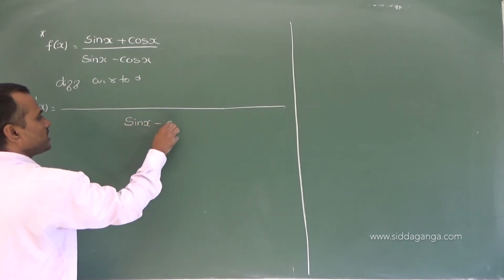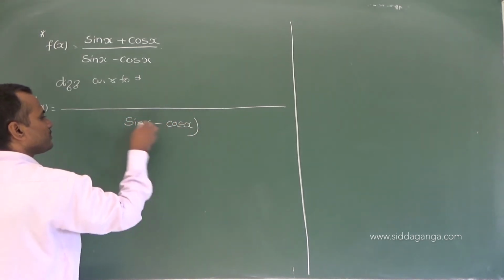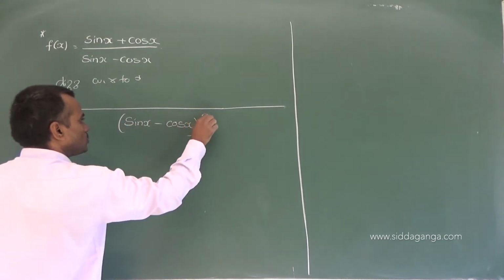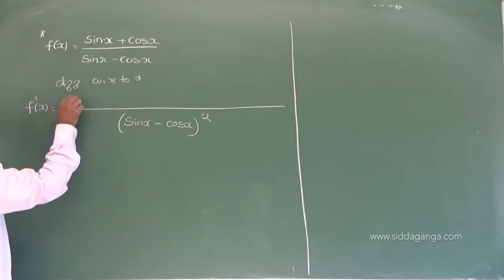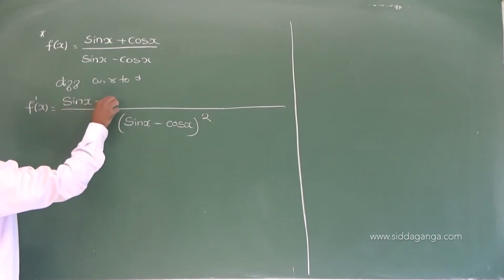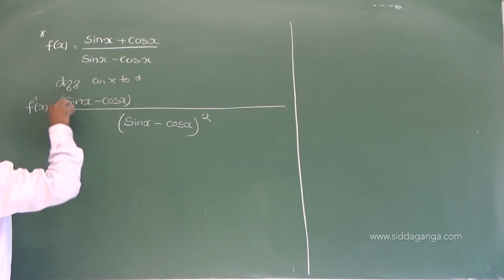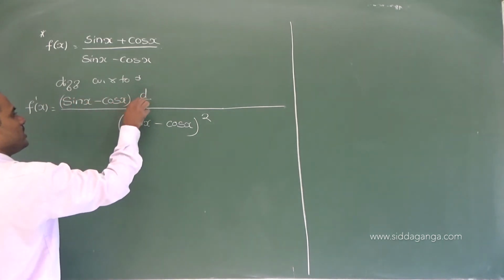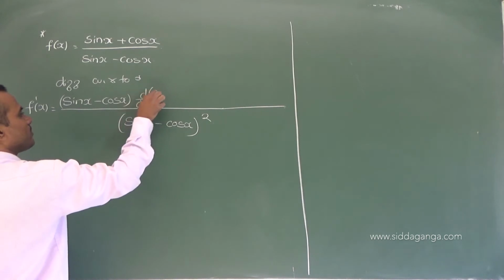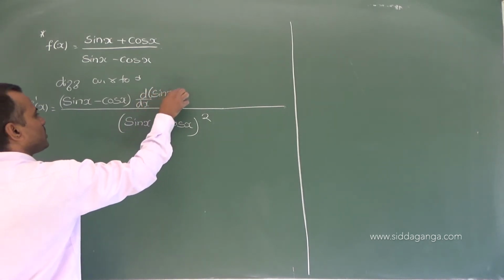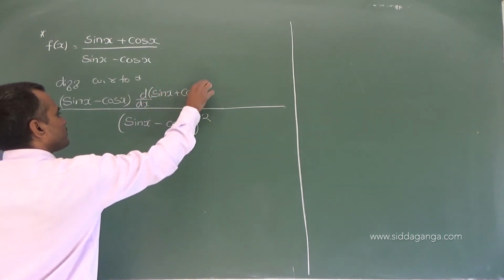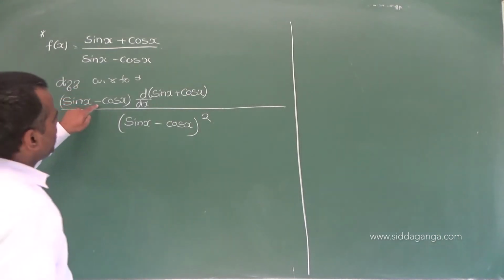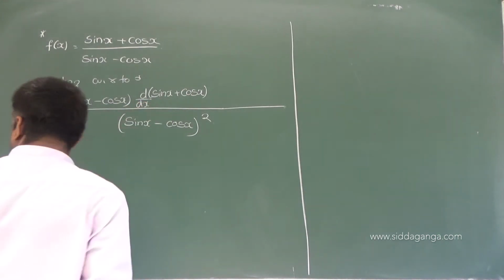Sin x minus cos x whole square. Sin x minus cos x into d by dx of sin x plus cos x. Denominator into derivative of numerator.